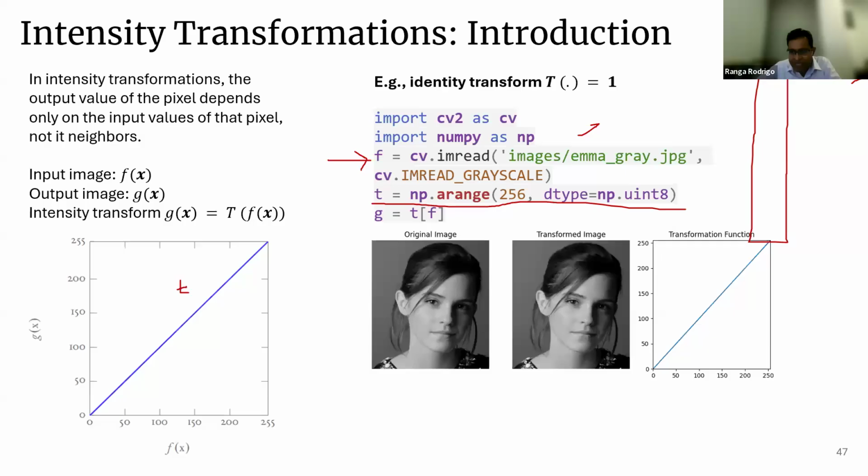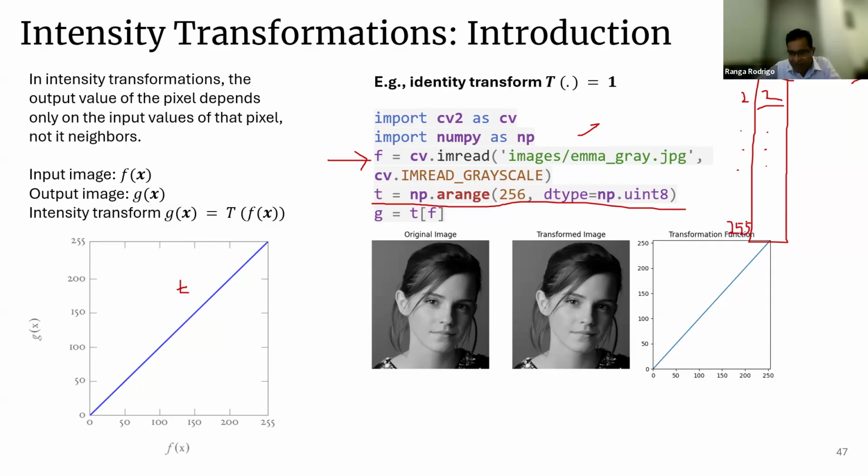So at the location 0, you have value 0. At the location number 1, you have value 1. At the location 2, you have value 2. And so on. The last one is 255, as you know.